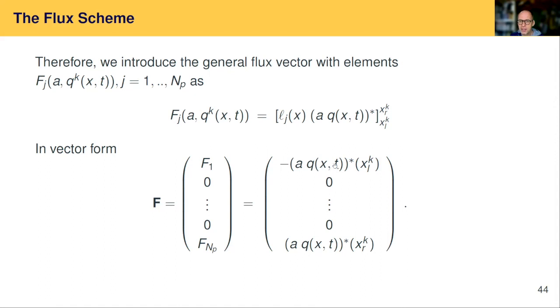As you can see here, they simply multiply. This is the AQ. We've seen this in the finite volume method. It's just the flux term A, the advection velocity, times the field itself, multiplying the Lagrangian basis function here, and that is simply 1. So these are the flux matrices, or flux vectors, that you have to use at the element boundaries.